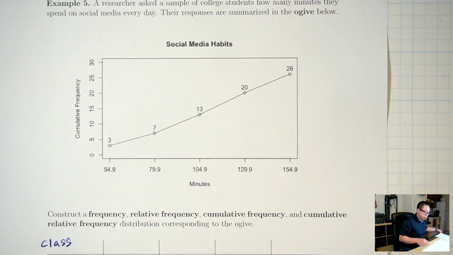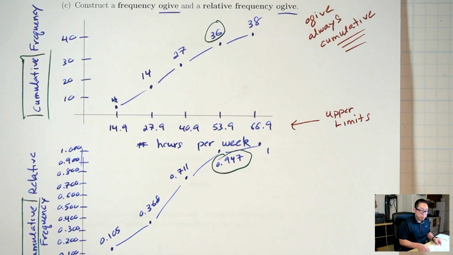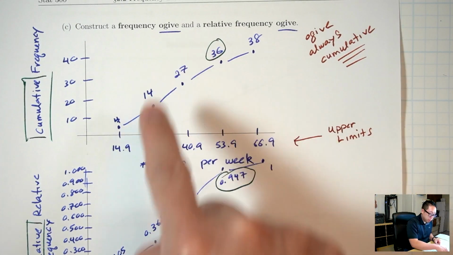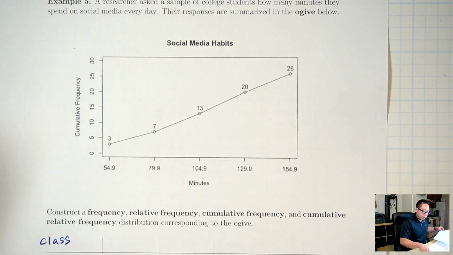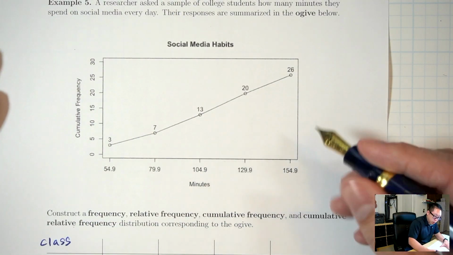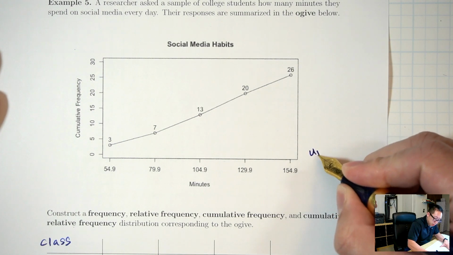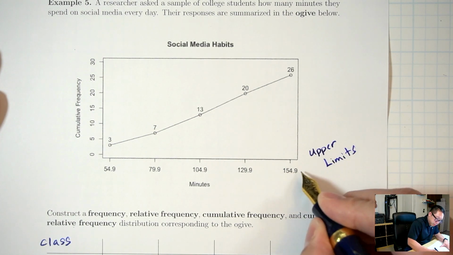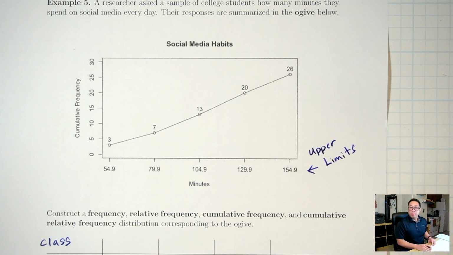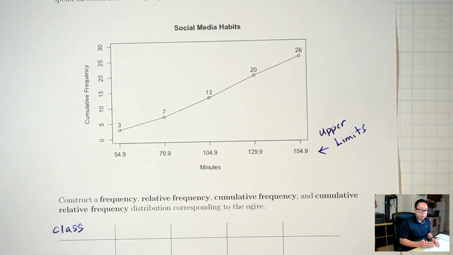So if we go back to when we talked about ogives, right? For an ogive, the numbers on the x-axis are the upper limits. So these numbers down here are my upper limits, which means these numbers are the high numbers on each of my ranges.